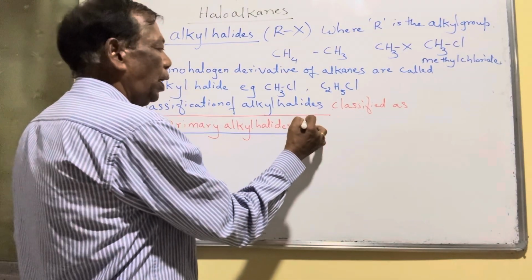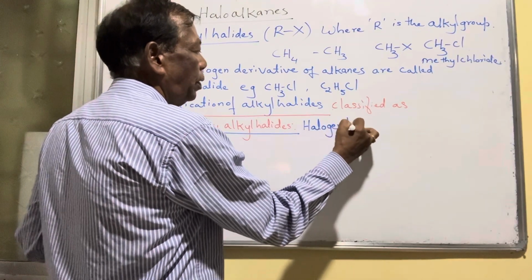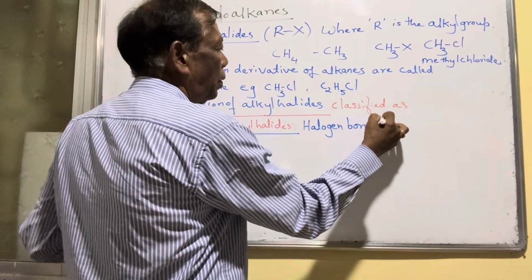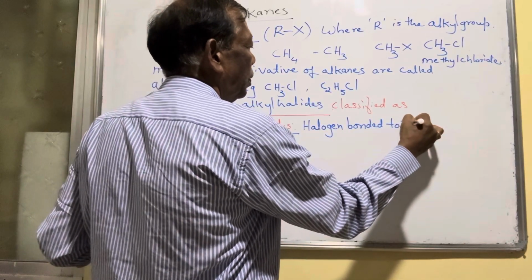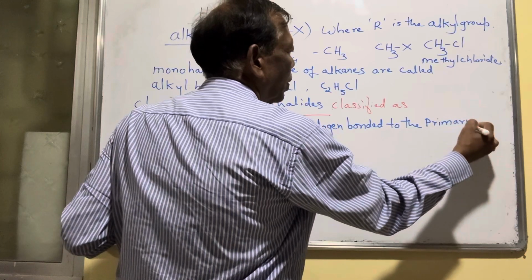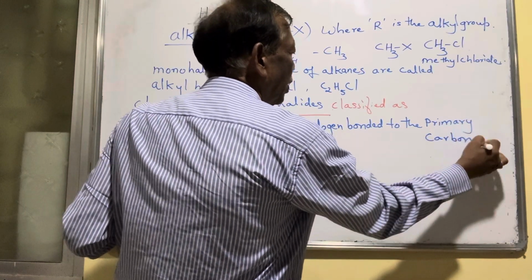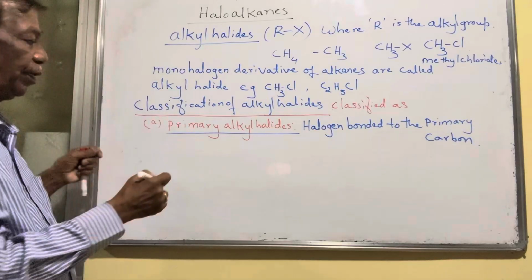So here, halogen bonded to the primary carbon. Now what is a primary carbon first of all?